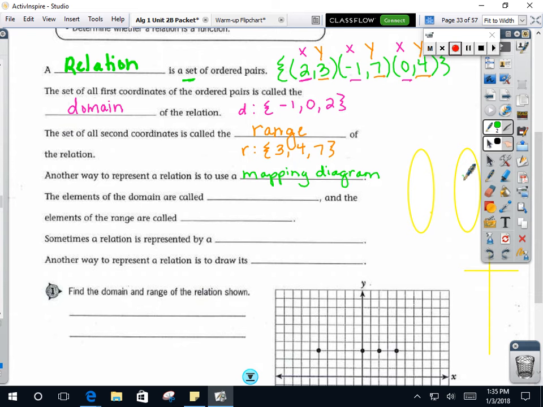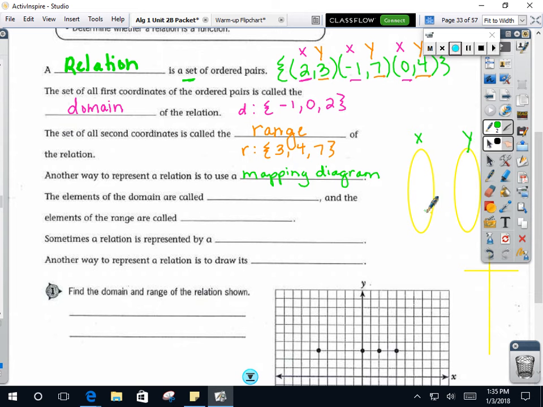So go ahead and draw 2 ovals over to the side. The first oval is for your x values. The second oval is for your y values.